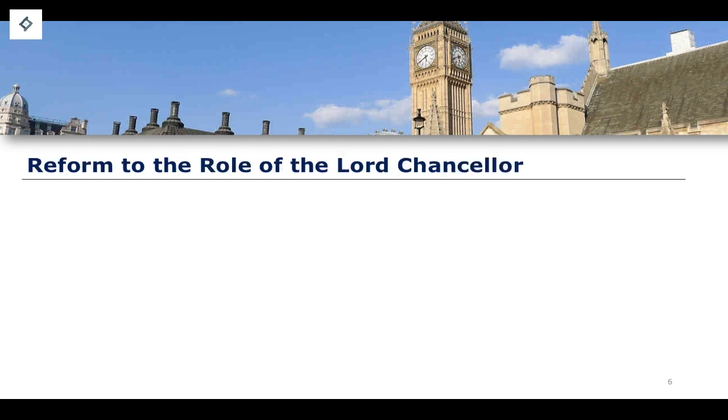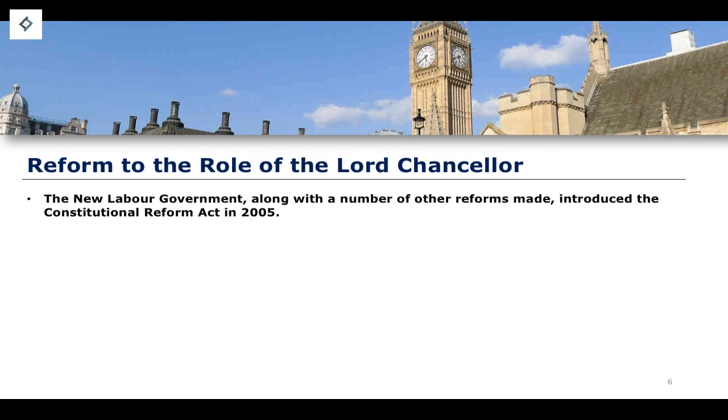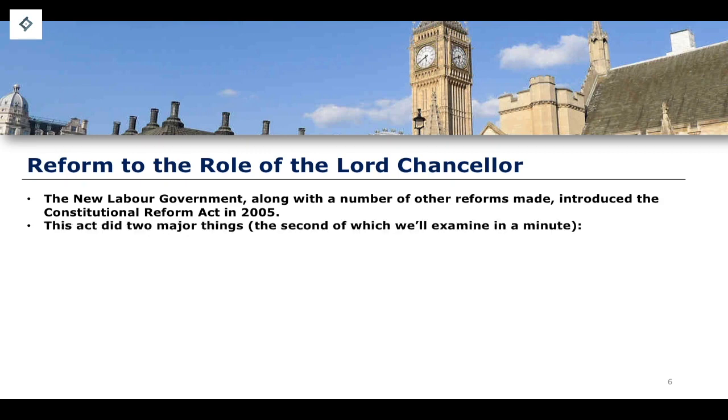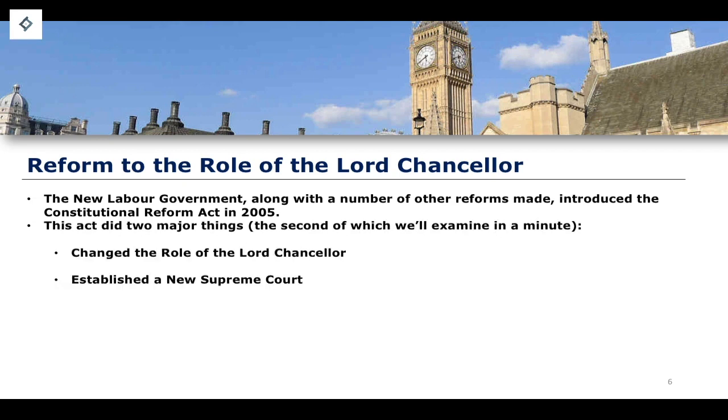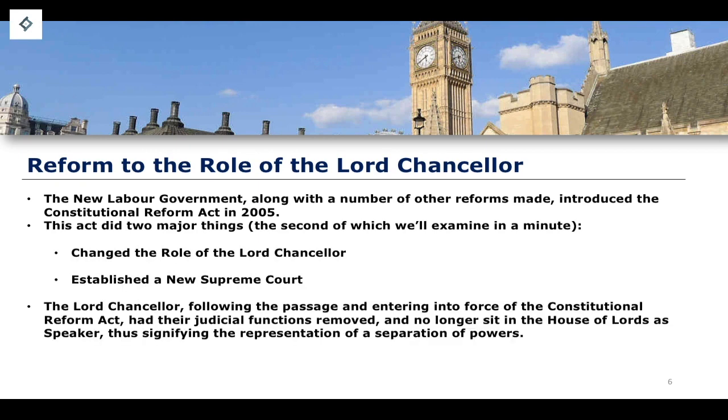As a result of that, we've seen reforms to the role of the Lord Chancellor with the constitutional reforms that came in within 2005. The Constitutional Reform Act, which was introduced by the new Labour government, made a number of reforms to the Constitution, and as a result we see some reforms made to the role of the Lord Chancellor. We'll examine the second thing that they did in a second, which is the establishment of a new Supreme Court, but we'll focus first on the reform to the role of the Lord Chancellor.